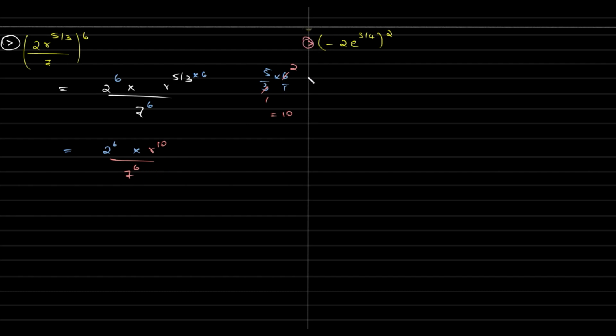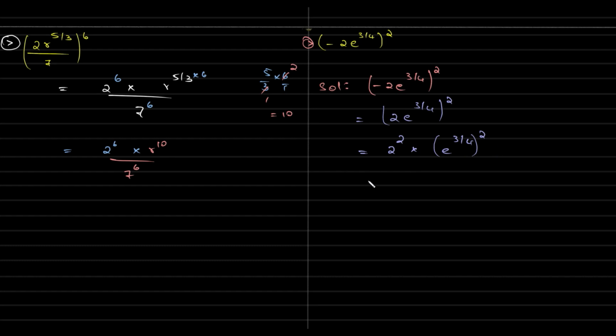Okay, now the next question. Here I would like to handle the negative first. The negative sign will go away because it's squared, right? If I square a negative term, it will become positive. So the question turns out to be just this. And next, just write first term into second term. So here it will be whole to the power of 2 and this is square.